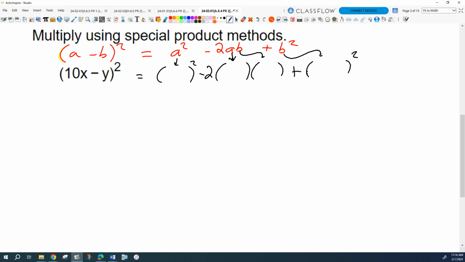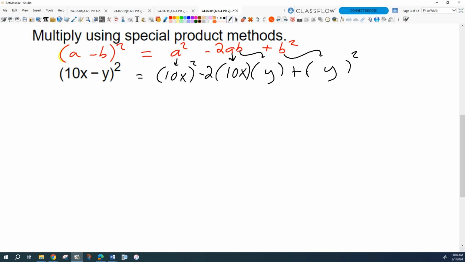So in the pattern, what's playing the role of A for us? 10x. So that's going to go there and there in our pattern. What's playing the role of B? Not negative y. Just y, right? There and there. Now we applied the pattern, and all we have to do is simplify and write the answer down.